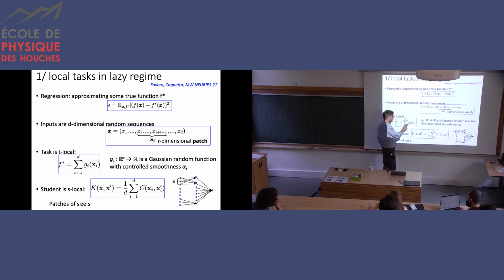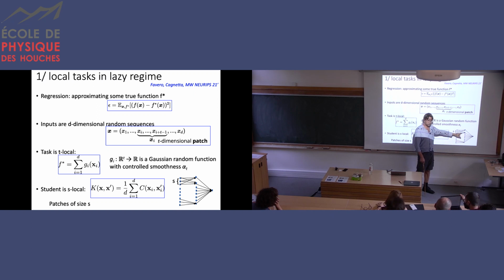You said the student is the... Well, the student is just a kernel that you will obtain from an infinitely large network. In this convolutional network, on each one of those nodes, is it the same filter or different filters? You have D filters there. Are they all the same, or are they different?